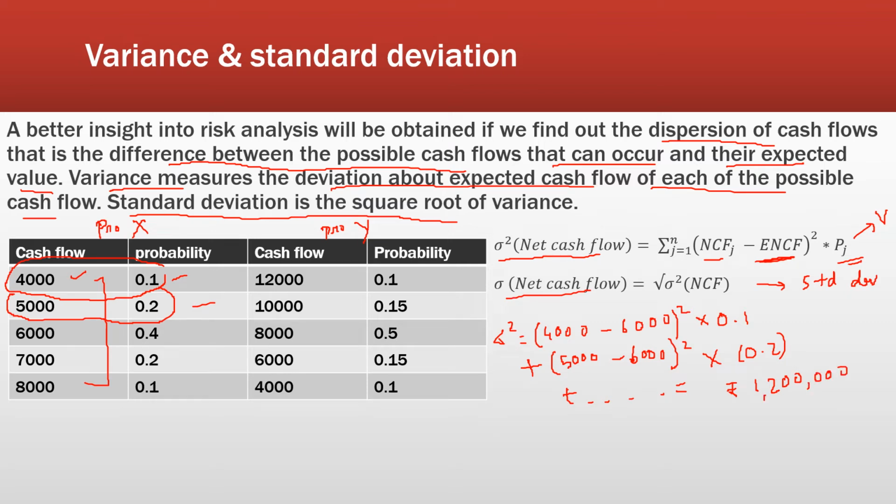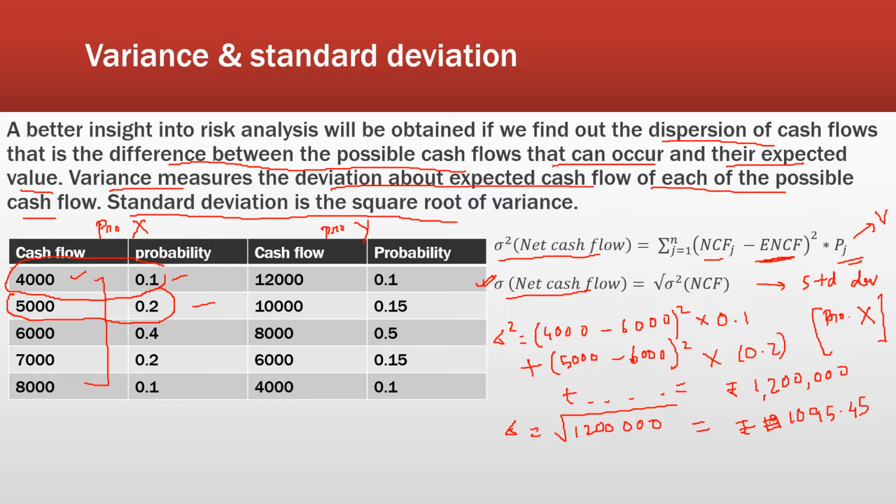Now this is for project X. This is the variance, and now the standard deviation is the square root of this value, right? The square root of 1,200,000 gives the value of 1095.45.